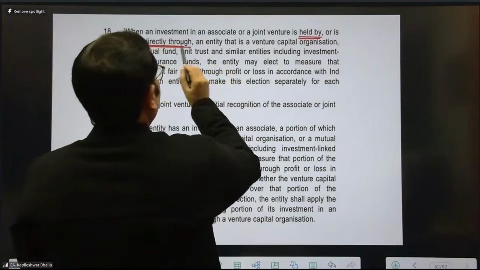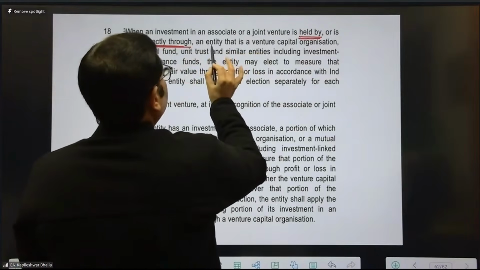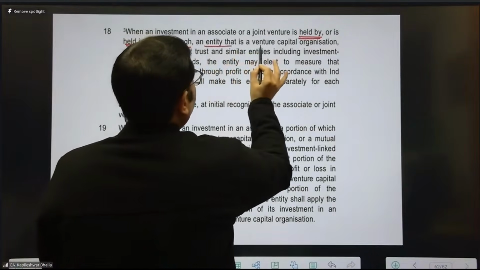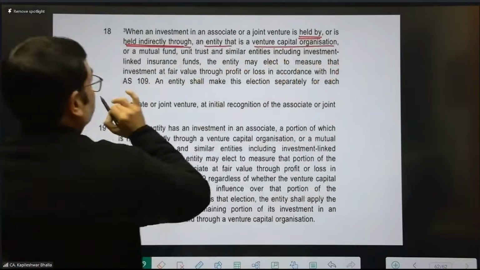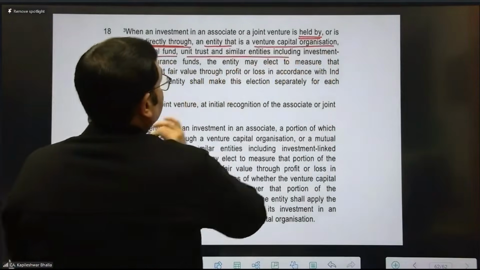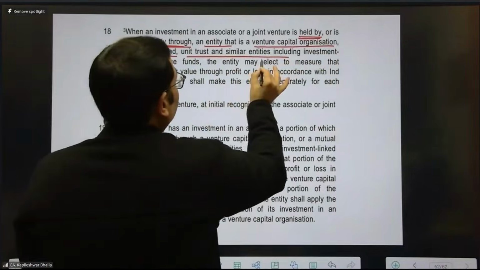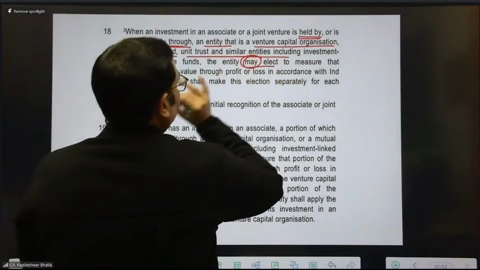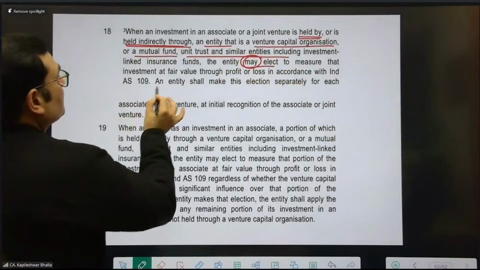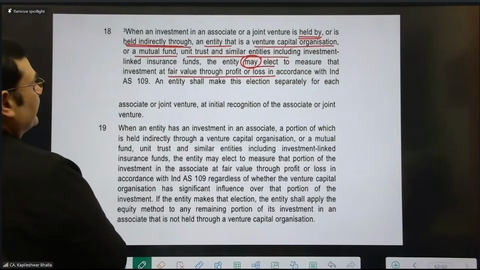It says an entity. So when an investment in an associate or joint venture is held by an entity that is a venture capital organization, a mutual fund, a unit trust and similar entities, including investment-linked insurance funds, the entity may elect to measure that investment at FVTPL in accordance with Ind AS 109.